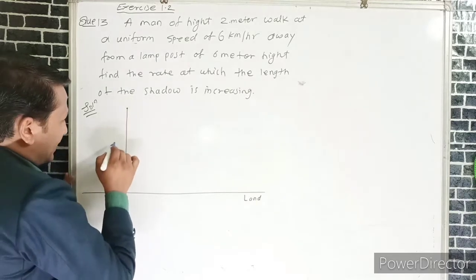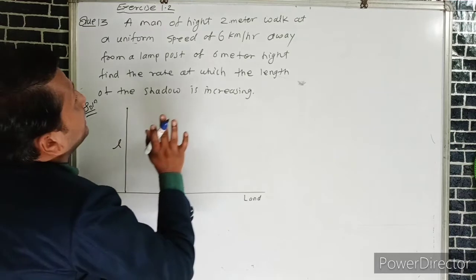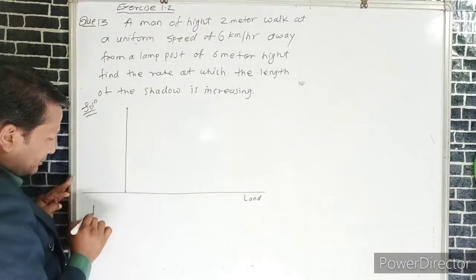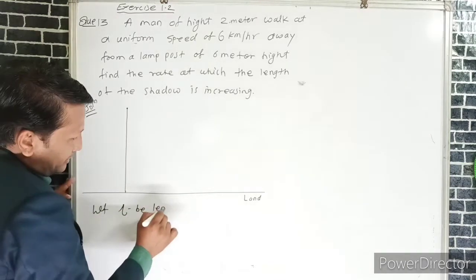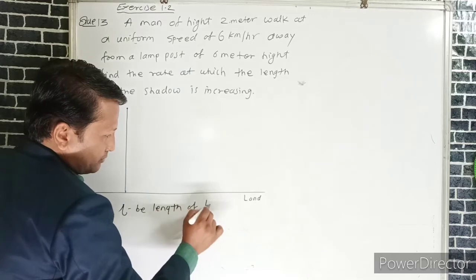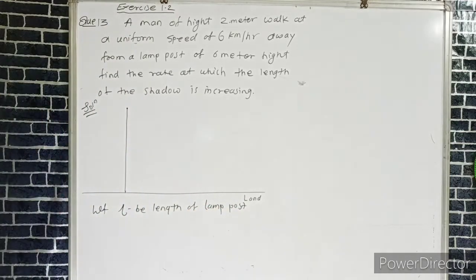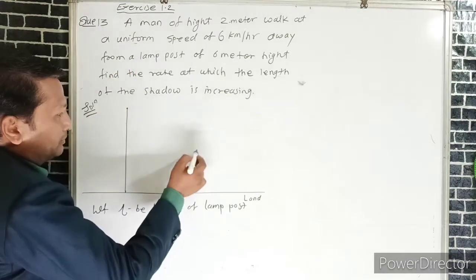If we consider that L is the length of the lamppost, the length of the lamppost is 6 meter. Here let L be the length of the lamppost. Again, we can say that the man is 2 meter height.